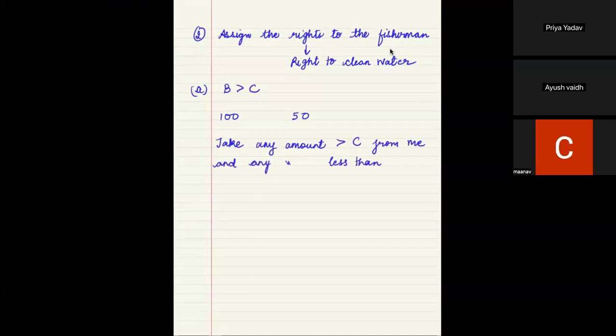He is getting a benefit of B. And let me pollute. Let whom pollute? The polluter.